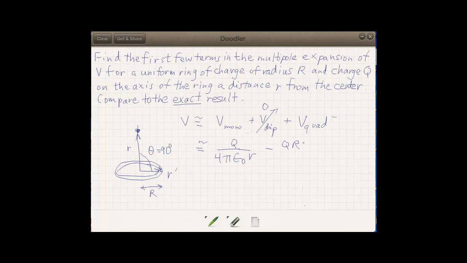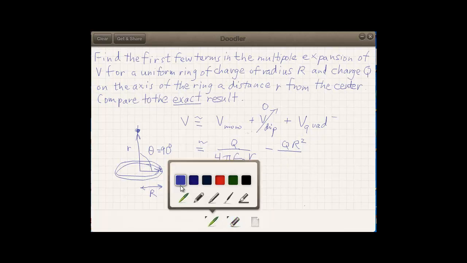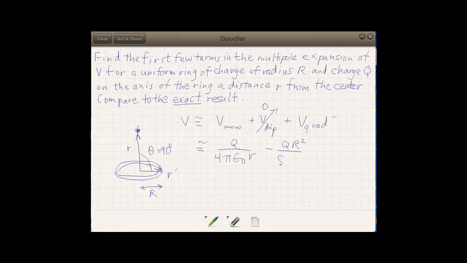So we get Q capital R squared over 4 pi, whoops, excuse me, that's an 8 pi. I'll fix that. 8 pi epsilon naught little r cubed. So the second term, the quadrupole term, is a correction to the first term. It brings it down.